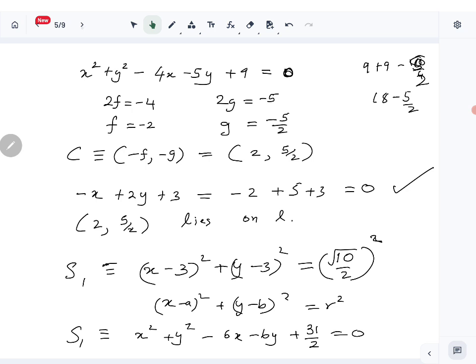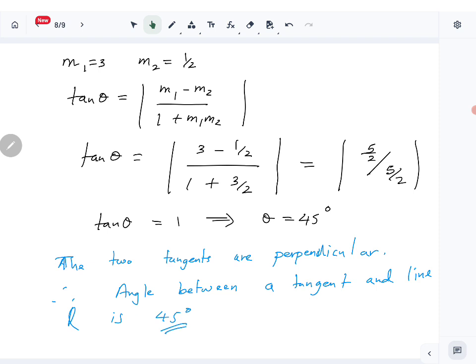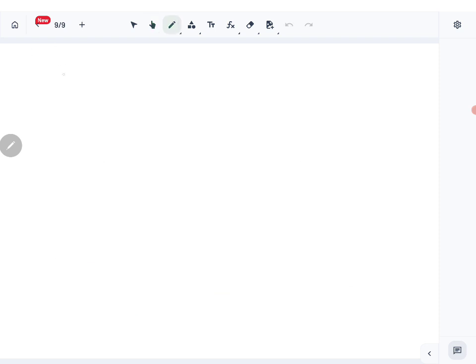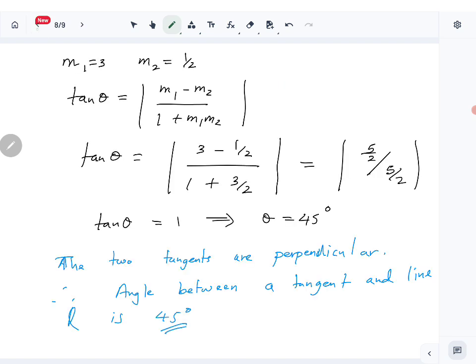So first find the common chord, which is S minus S1.